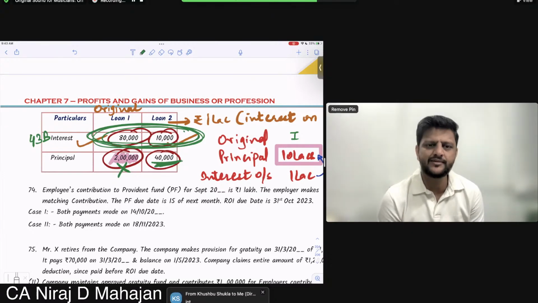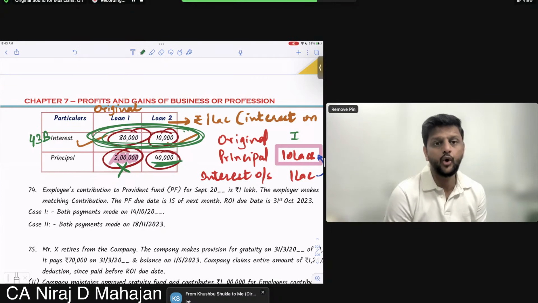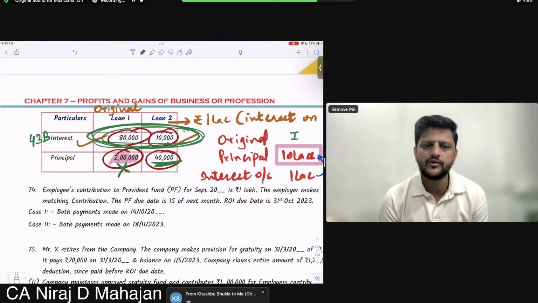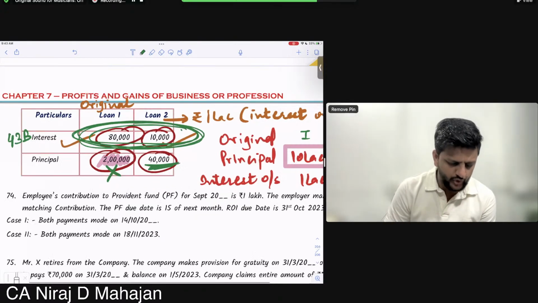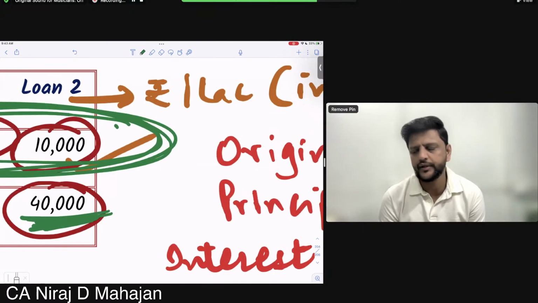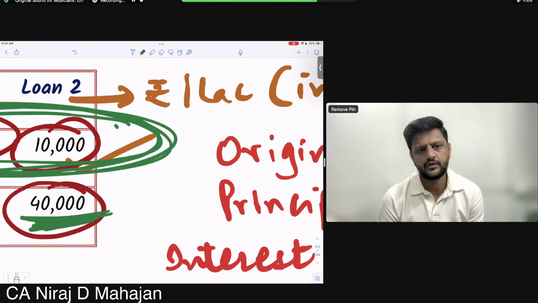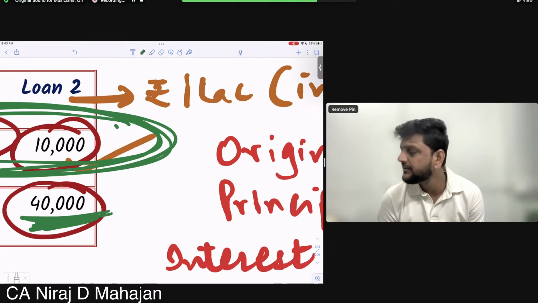Loan 2 principal is interest of loan 1. Clear? So when you are repaying the principal of loan 2, you are indirectly paying the balance remaining on loan 1 interest. Understood or no, Nitin?